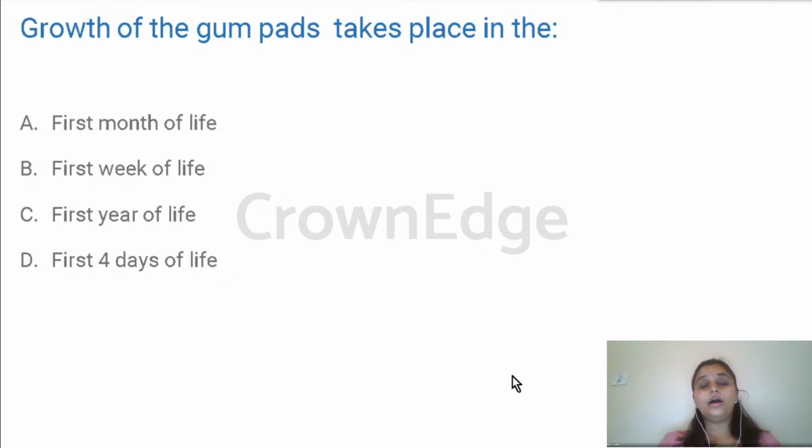So by 6 months, the child would have started getting their teeth. So the maximum growth takes place only during that period. Most children are supposed to get it by 6 months of life, but some children get their first teeth before their first birthday or somewhere around the first birthday. So maximum growth takes place only during that time. This is for the gum pad region.